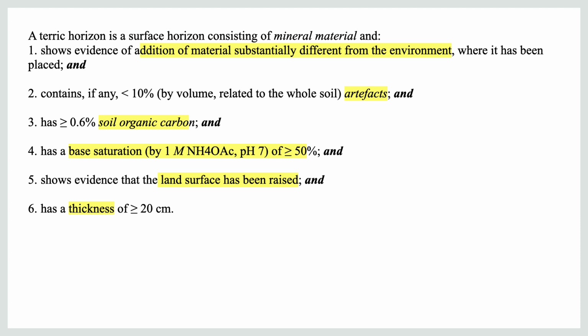You should register a base saturation equal or higher than 50%. You should register any evidence of land surface raising, for example the creation of these flat surfaces, and a minimum thickness, in this case 20 centimeters.